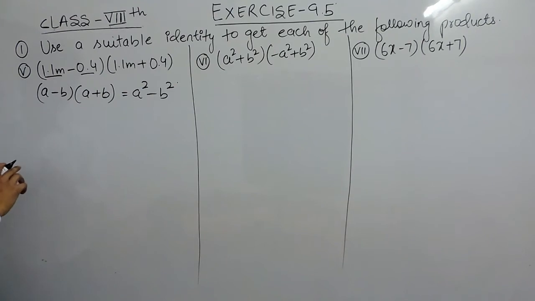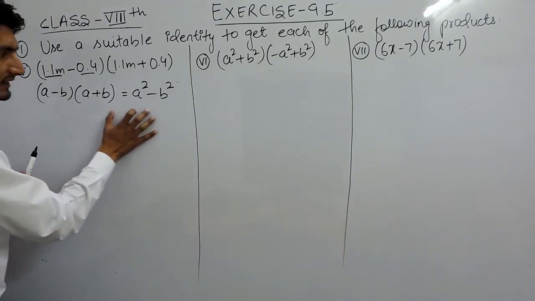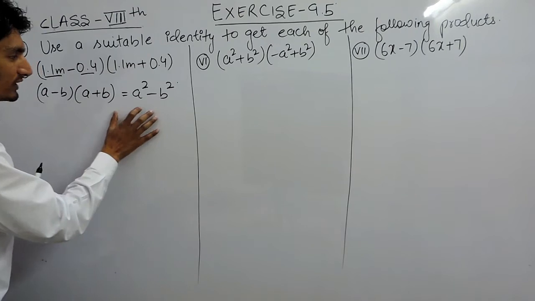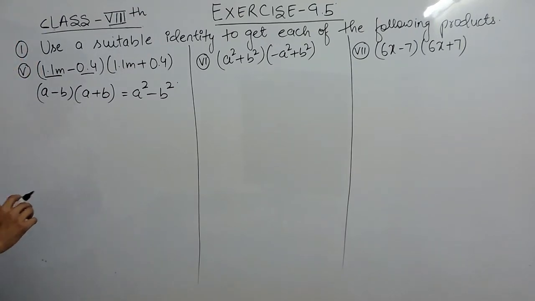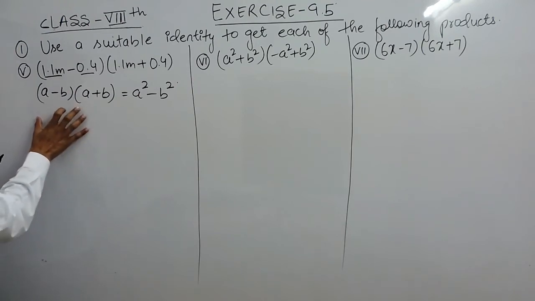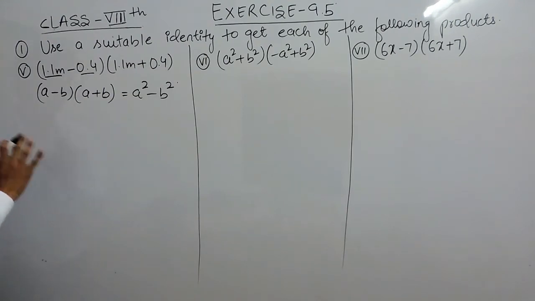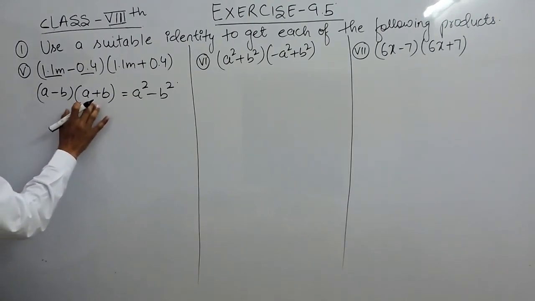If you want to know how this identity is formed, you can check our videos on fundamentals. There we have explained how these identities are formed, or in the previous video I have already discussed how these identities are formed. Now in this case we don't need to multiply this.